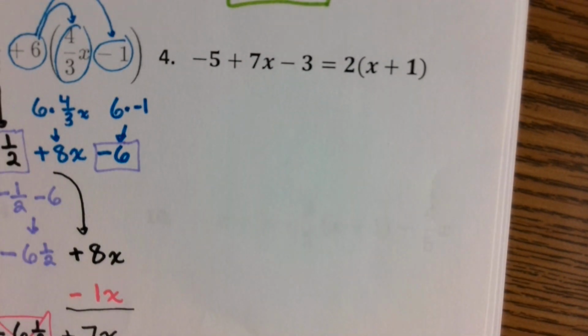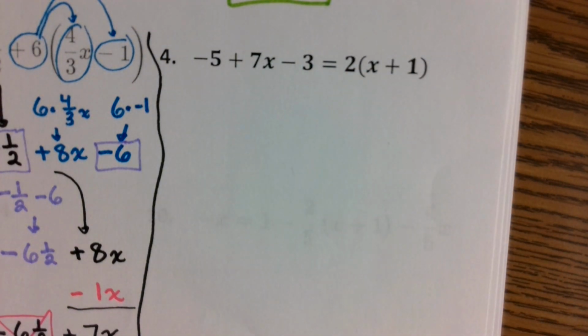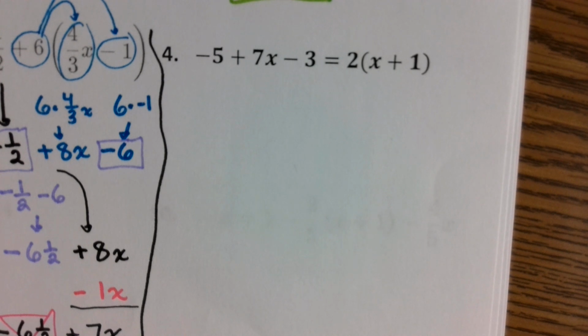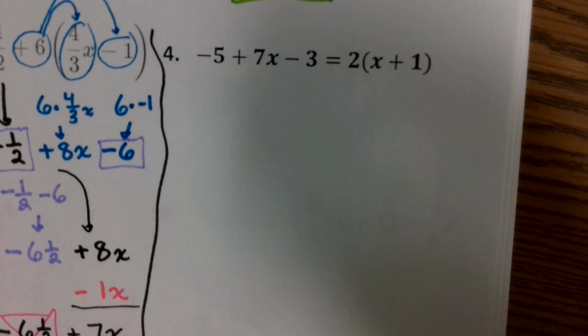I'm going to draw a nice little box over here so that way we know it's different. Okay, first thing that I need to do, very first thing, what is it going to be? Let's call on Amy. Distribute.